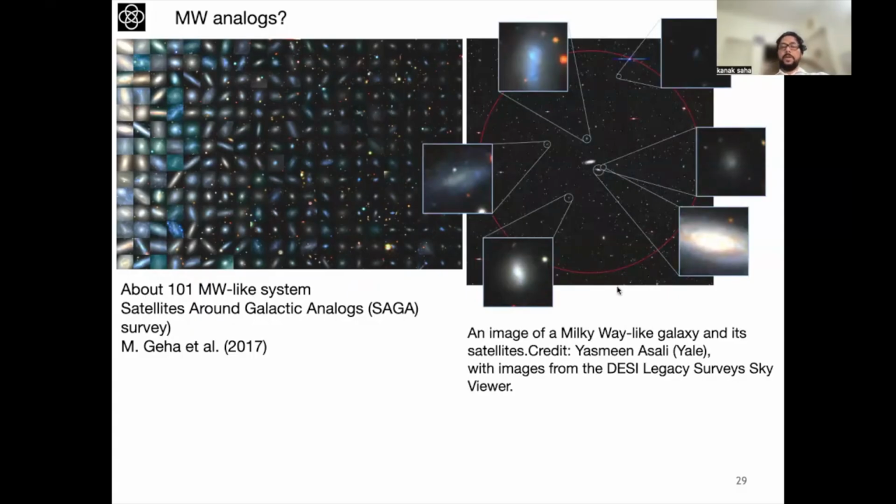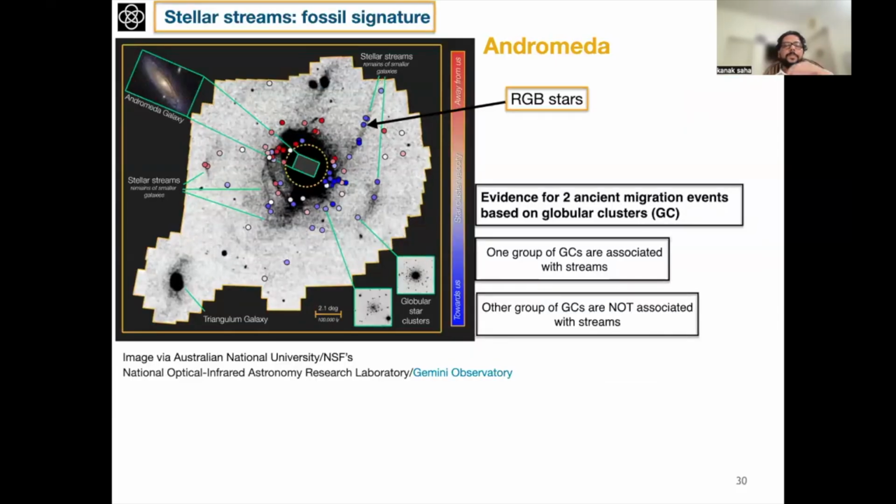This is a very interesting way to find out whether our galaxy is unique through these studies.